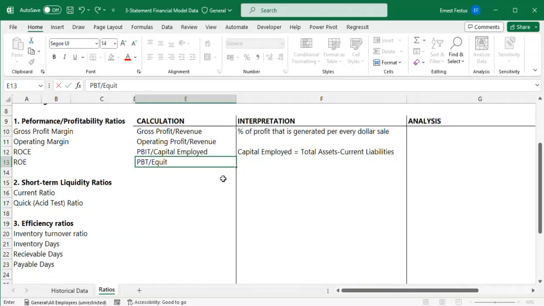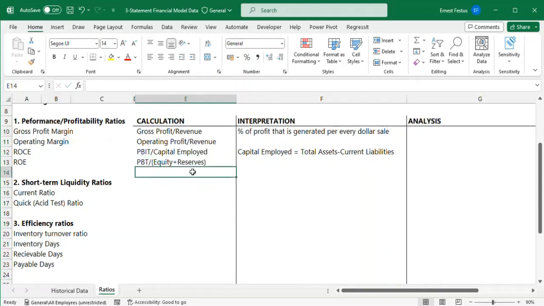So that is going to be equity plus reserves. So we put this in brackets usually. So that is how we calculate our return on equity.